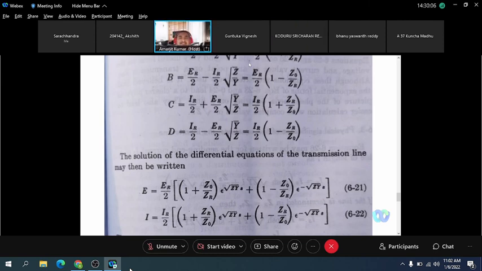So this is the general case. Z1 could be equal to, like we have done, R plus j omega L into delta x. And Z2 was equal to 1 upon G plus j omega C into delta x. So we have R plus j omega L, and G is the leakage or conductance, plus j omega C. So this is not made of pure reactance. Okay? Okay, sir. Thank you.